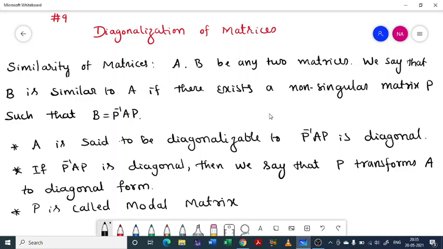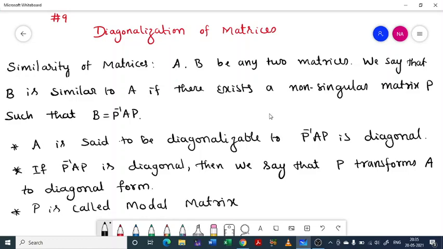The second point is similarity of matrices. Suppose there are 2 square matrices, say A and B. Given 2 matrices A and B, we can say that A is similar to B and B is similar to A. To say that B is similar to A, we must have the following condition.